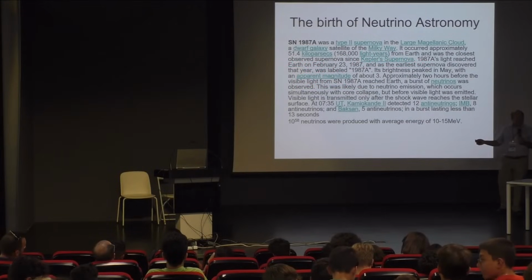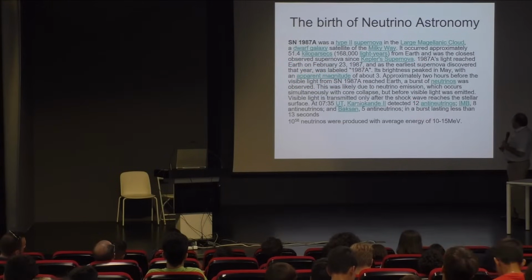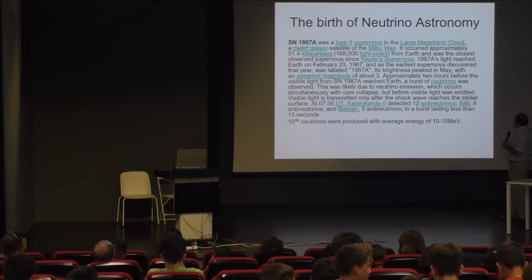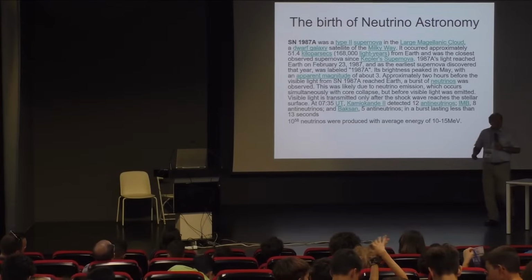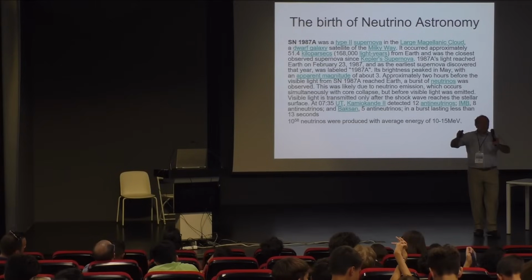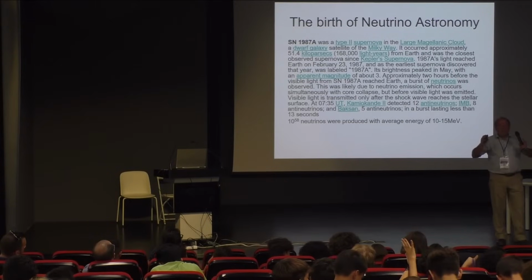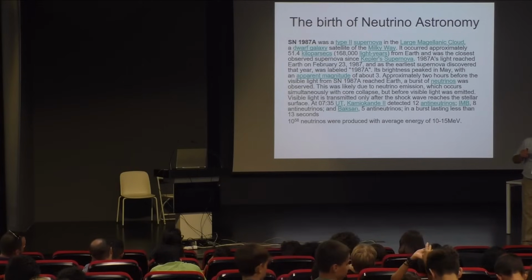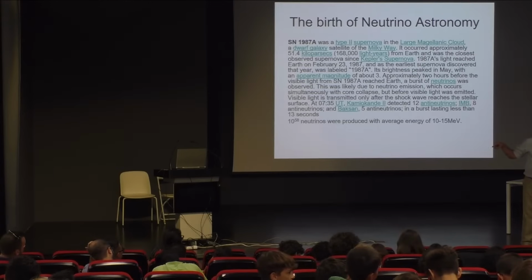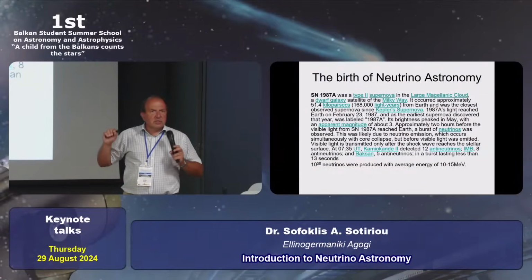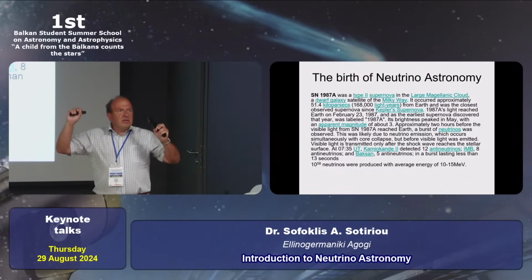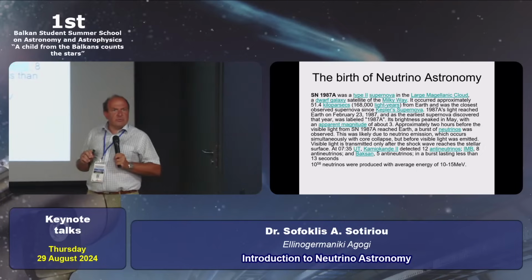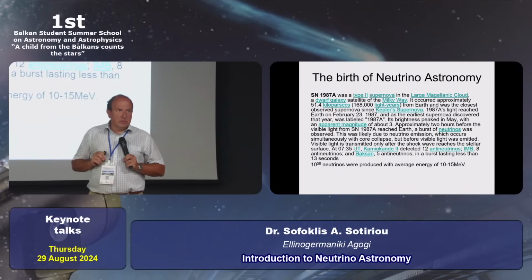In a few moments, they were detecting 12, the other 5, and so on, in a burst lasting less than 30 seconds. So there was a rain of neutrinos, a very big flux of neutrinos that crossed the planet. All the experiments that were installed for other purposes suddenly gave very high signals of neutrinos.